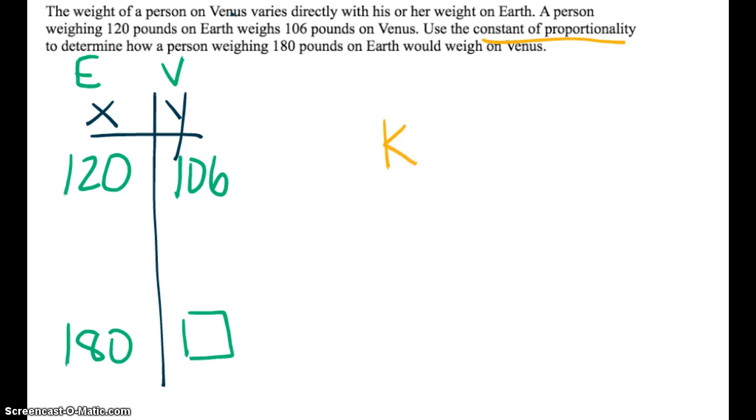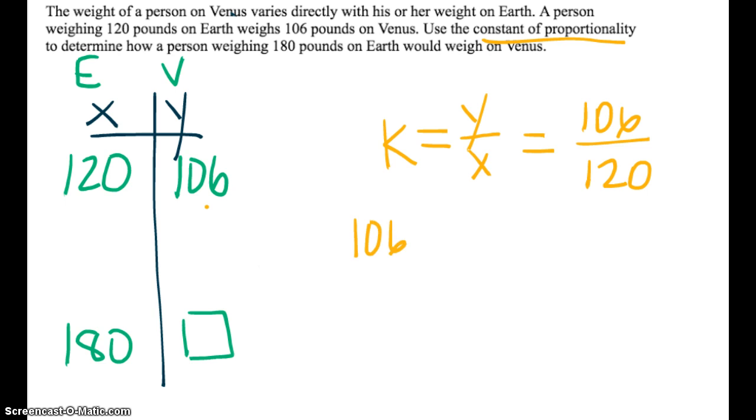So let's write out K equals Y over X. Y divided by X. So I'm going to substitute in 106 over 120. Now, what I'm going to suggest that you do before you start using this is to simplify as much as possible.